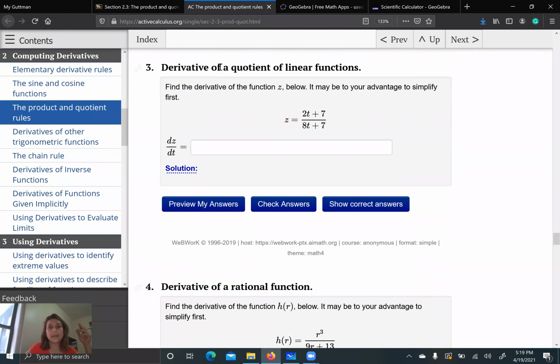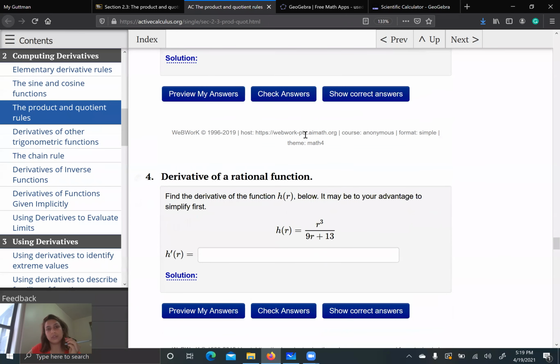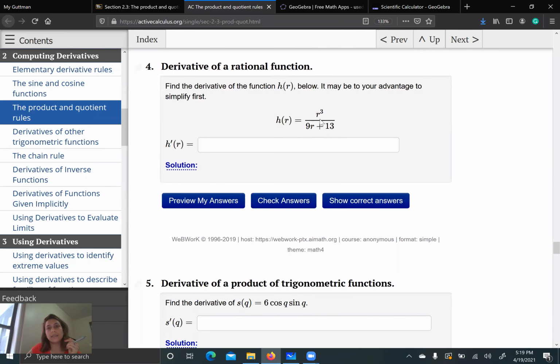This one is a derivative of a quotient, where the numerator and denominator are power and linear functions, so you need to apply the quotient rule. On top you have a power function, on the denominator you have a linear function.